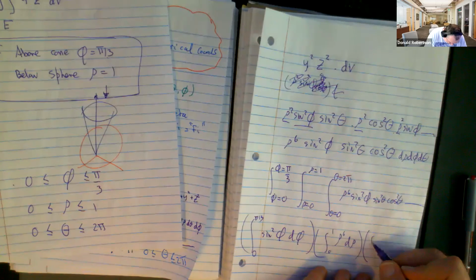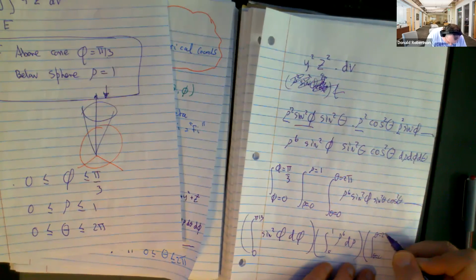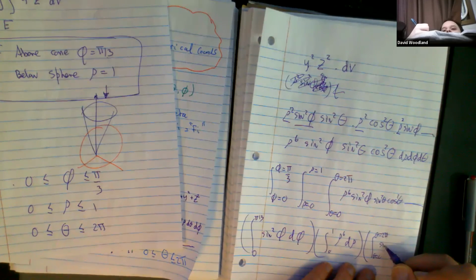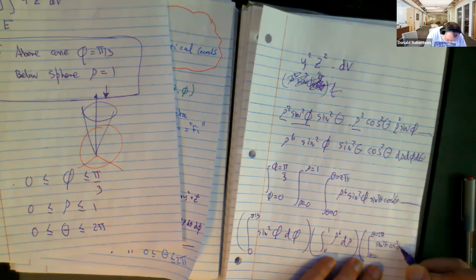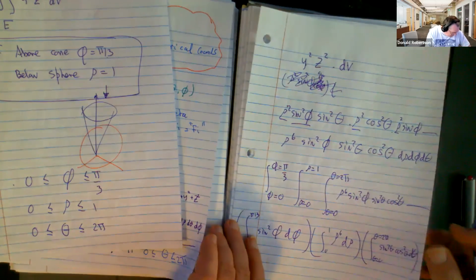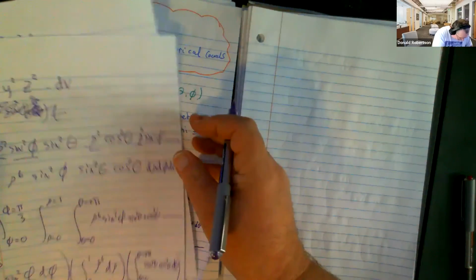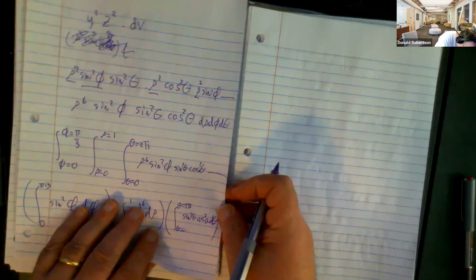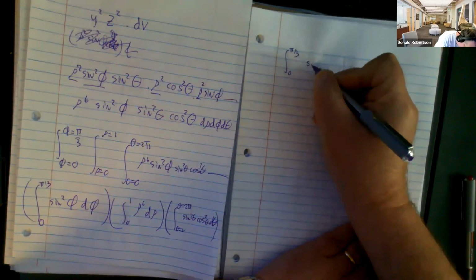And the last one, theta is going to go from 0 to 2 pi, and it's going to be sine squared theta, cos squared theta, d theta. So it does separate. I think it's best to maybe take each one separately. At least I'll set it up for you because there's a lot of work involved.